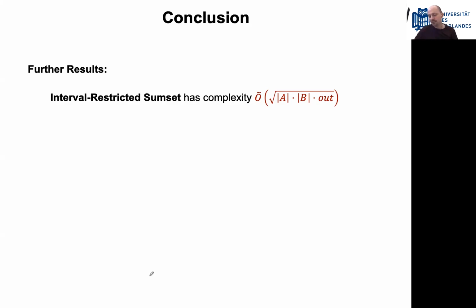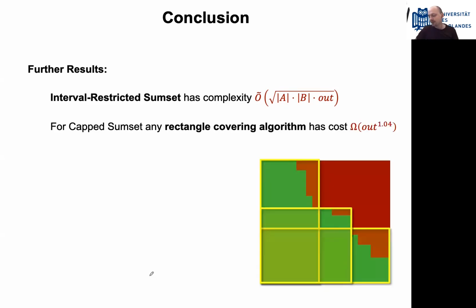And we show actually a conditional lower bound that this running time should be close to optimal. Meaning that for this capped sumset, where we only have an upper bound, the structural insights that we use to get improved algorithms actually use the fact that we only have an upper bound and not also a lower bound.